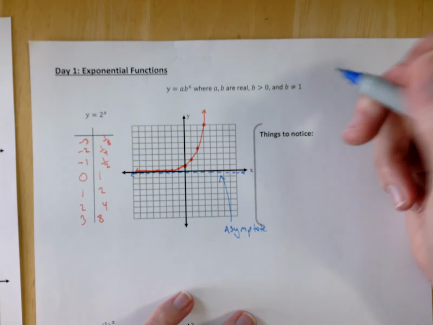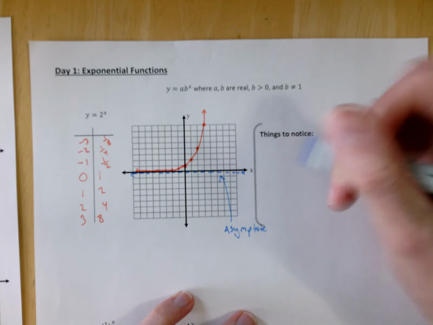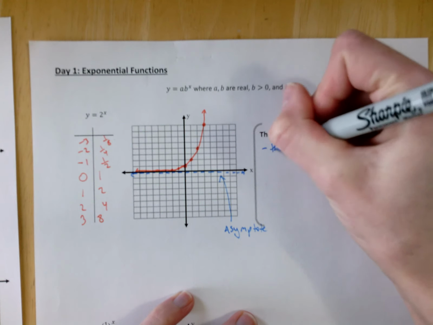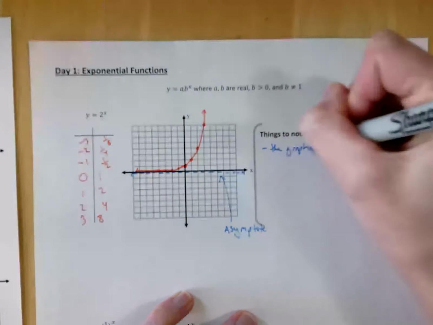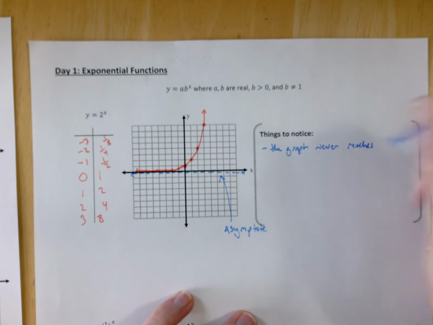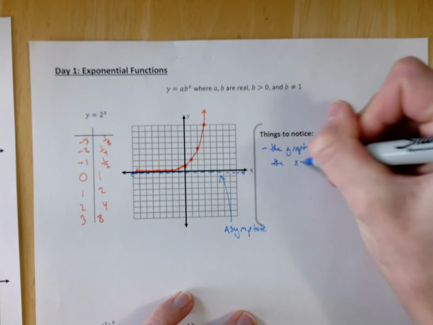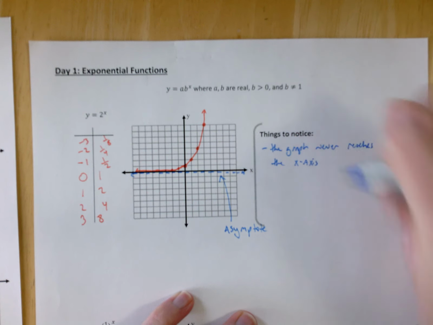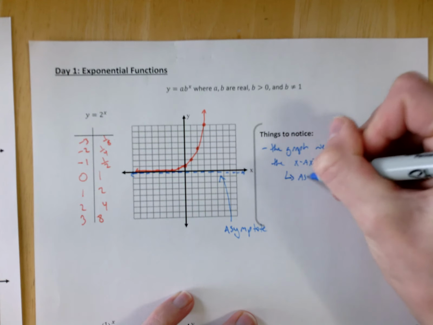So the first thing that you want to notice, okay, is that the graph never reaches the x-axis, okay? That is called an asymptote.